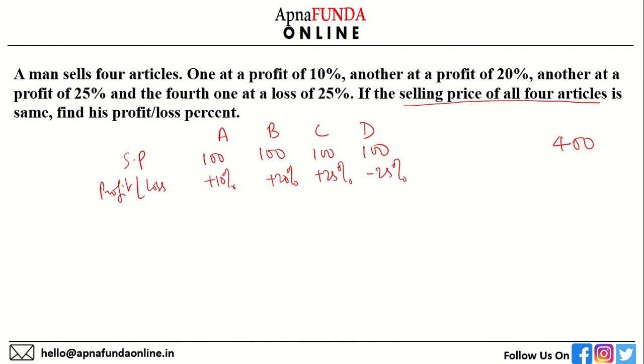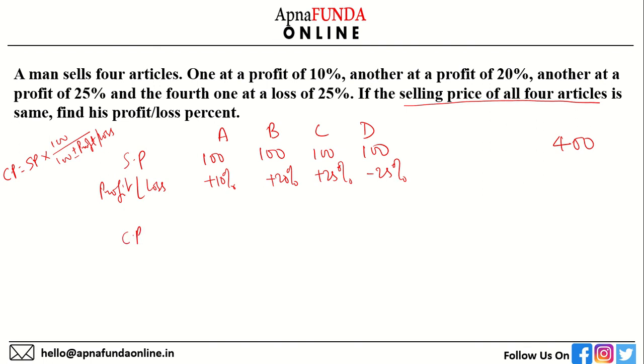In our previous questions, we have said that cost price is equal to selling price into 100 by 100 plus or minus profit or loss. This is what we'll apply over here. I hope you are able to follow.